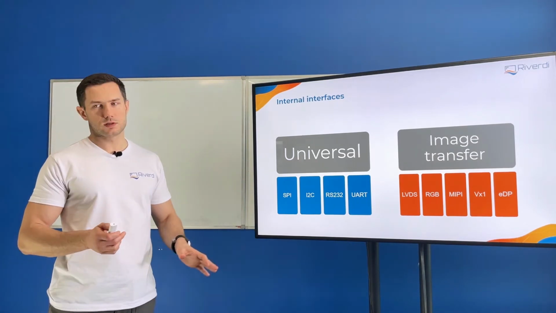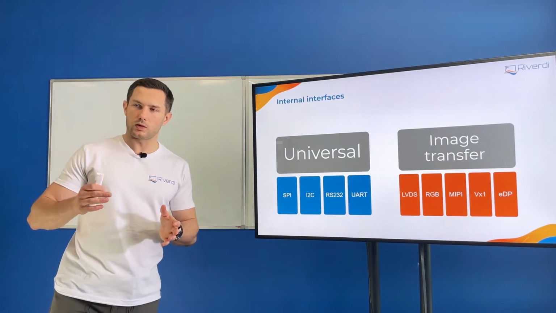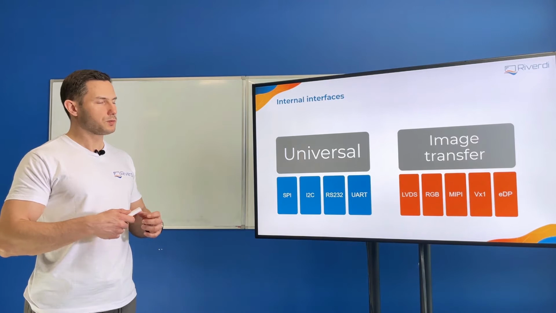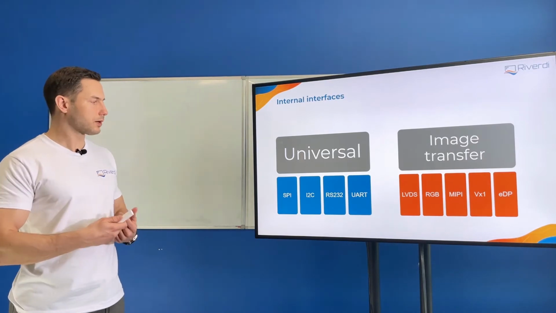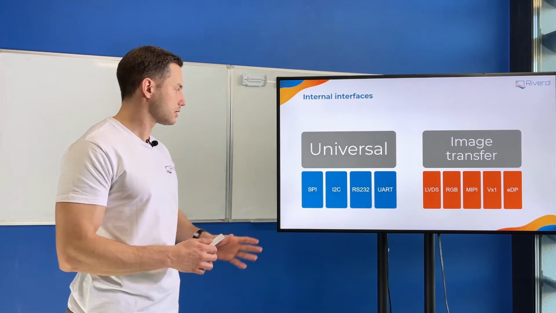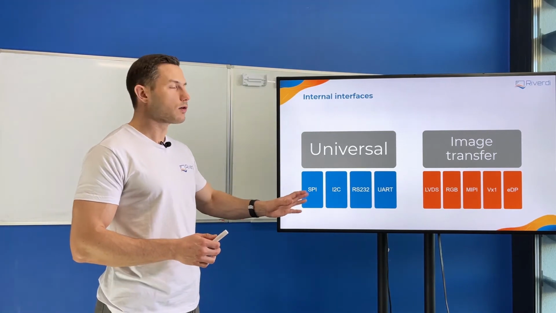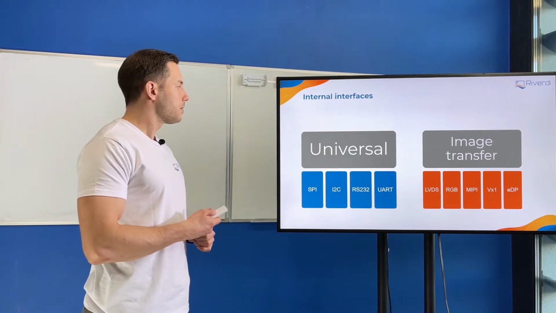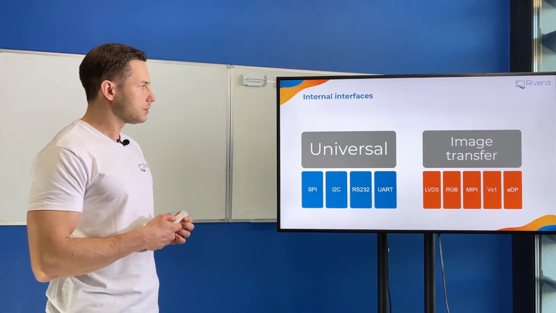But if we need to send an image only once per some time, we don't need very high bandwidth, we don't have live video, for example, then we can use some of the internal universal interfaces such as SPI, I2C, or even slow interfaces such as RS232 or UART that are very similar.